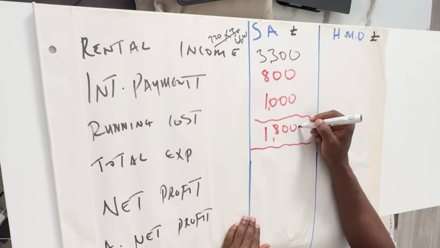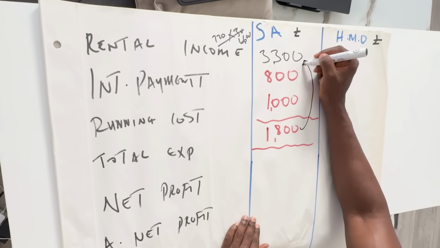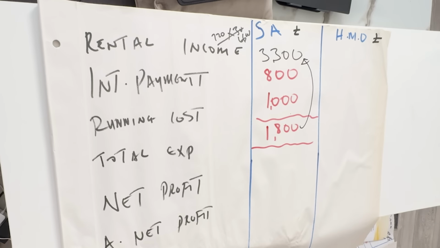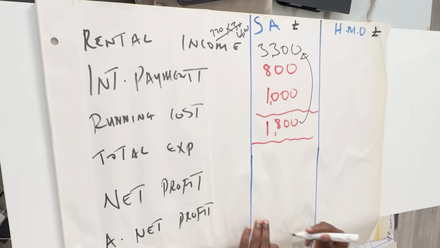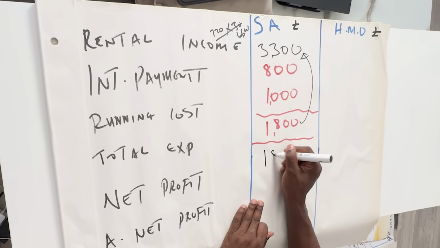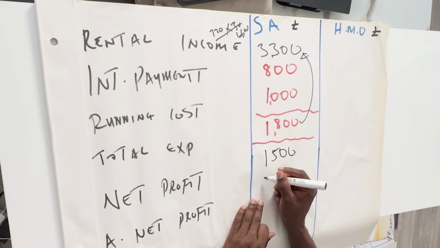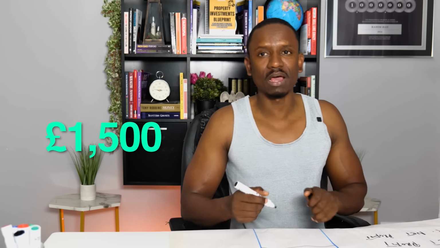Let's look at the profit. So in essence, if we take away our £1,800 expenses from our monthly income, that gives us a net profit of £1,500. So £1,500 is the net profit. So what is a net profit?